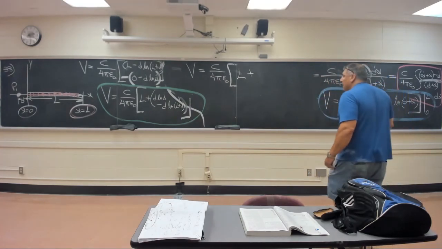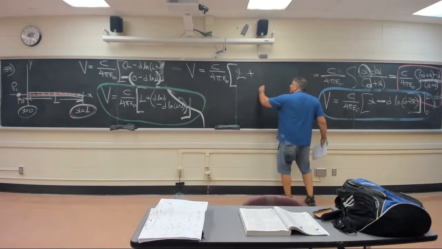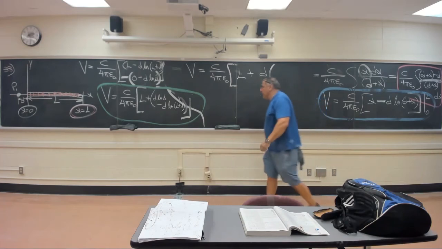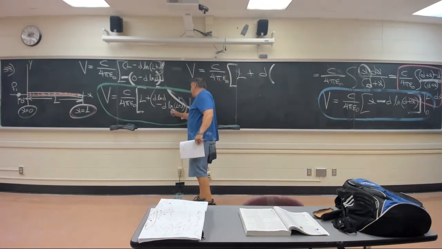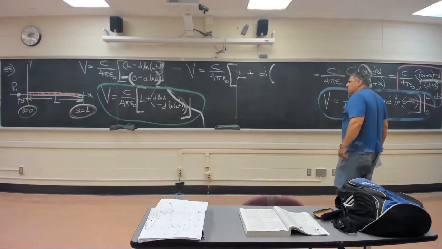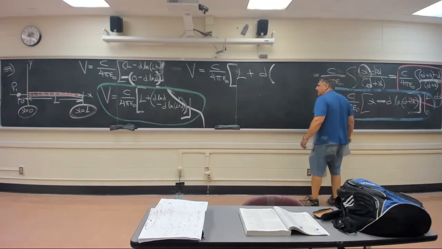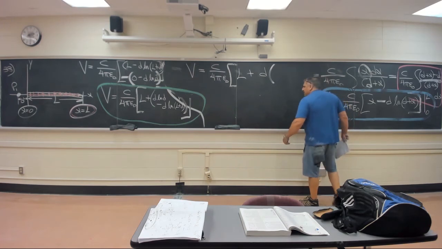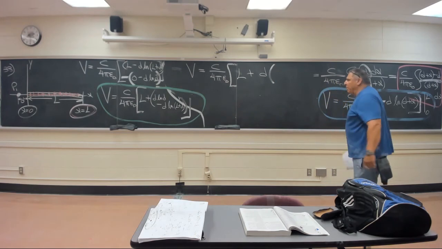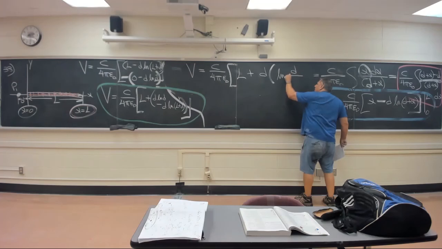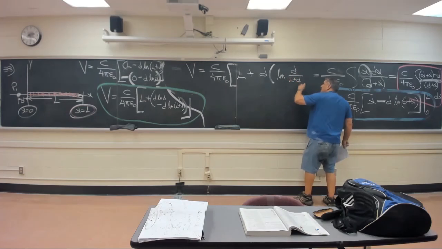So let's see what we got here. You can take a d out of there: ln d minus ln of the quantity capital L plus d is ln of d over L plus d.